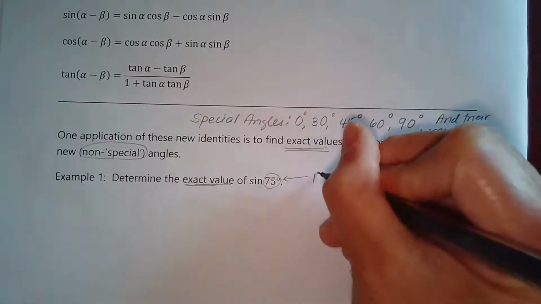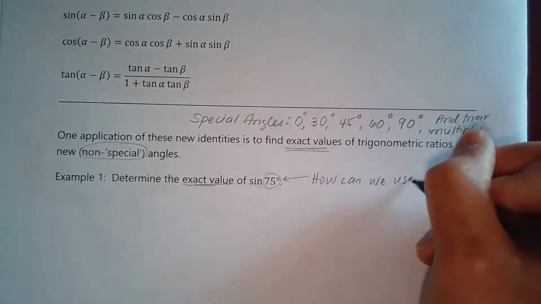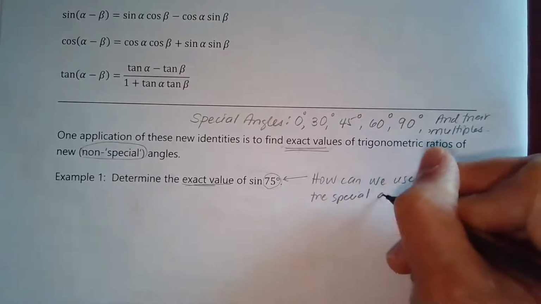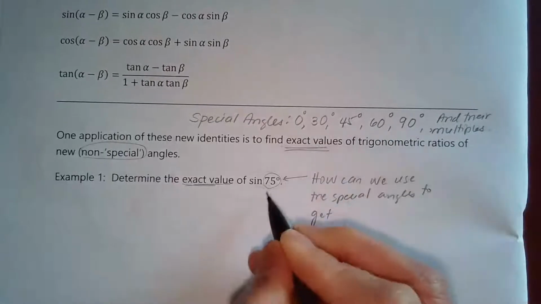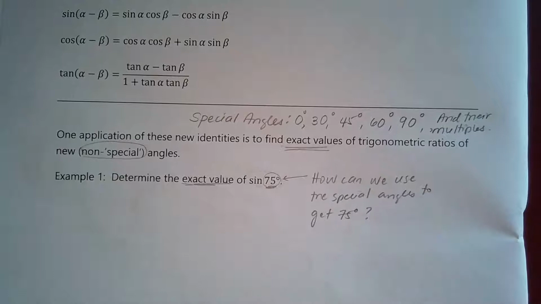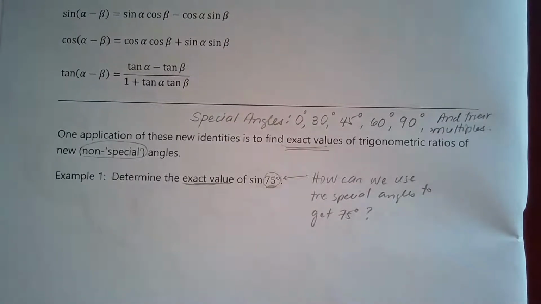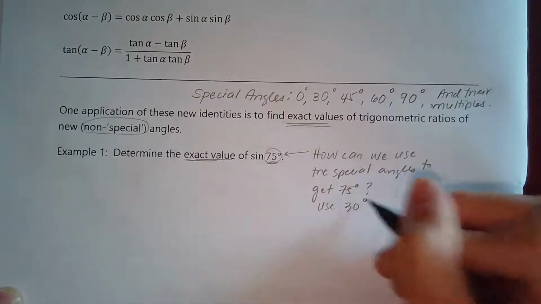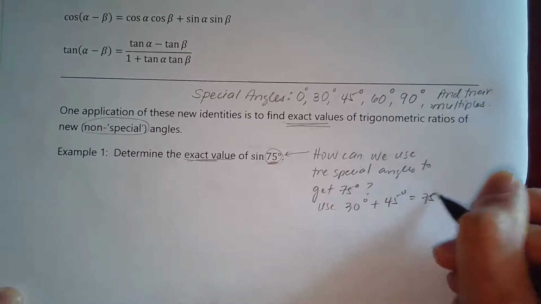So we ask ourselves, how can we use the special angles to get this angle here, 75 degrees? We know that we can use 30 degrees plus 45 degrees, because that's going to give us a 75.